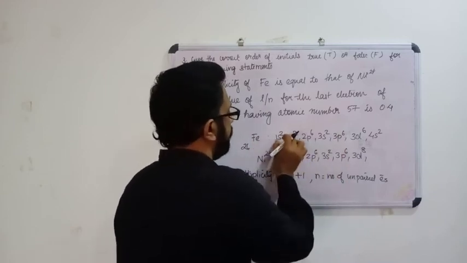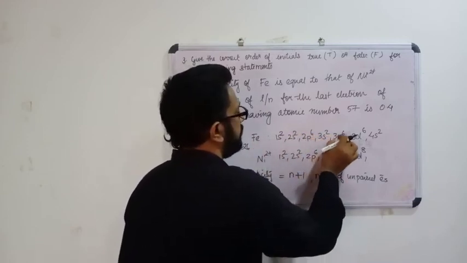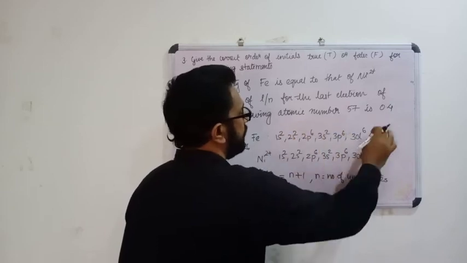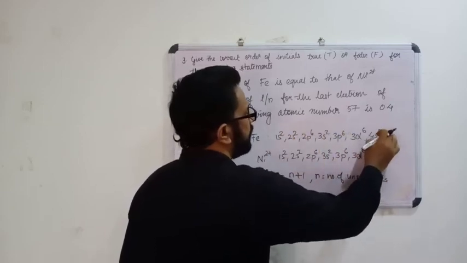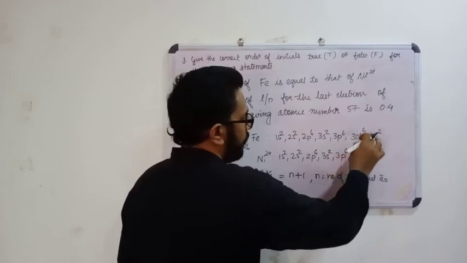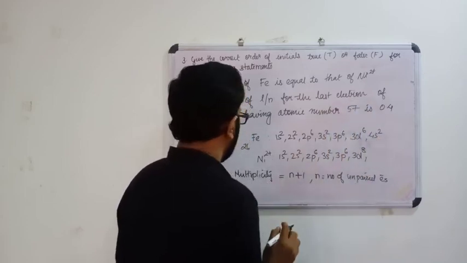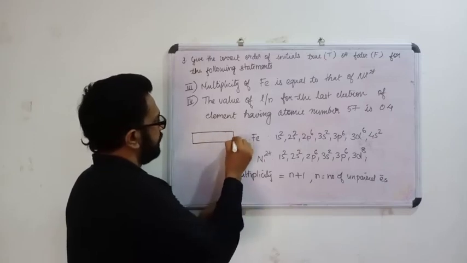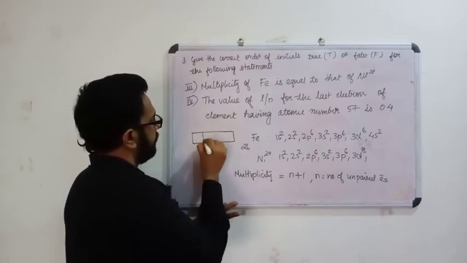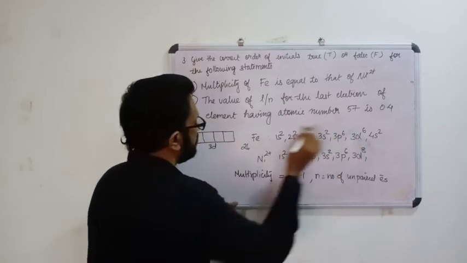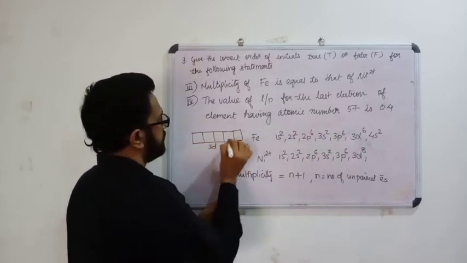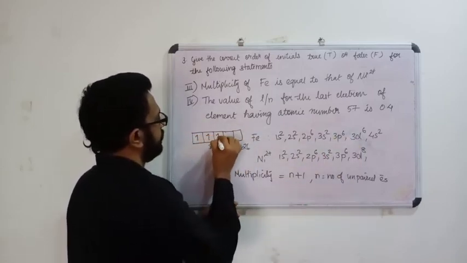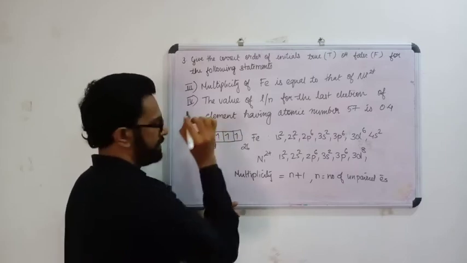For Fe here, the s, p inner shells are all completely filled. 4s is also completely filled. Now we only have to consider 3d. So if we draw 3d, this is 3d6: 1, 2, 5 and 6.